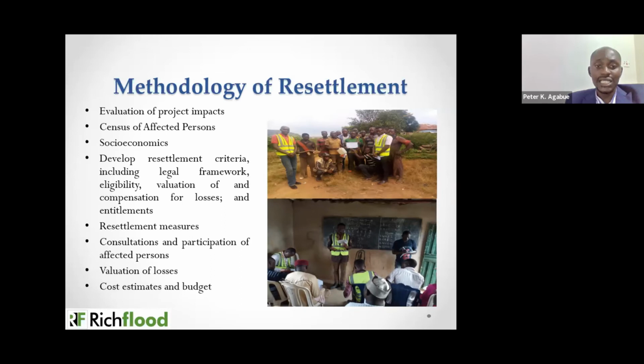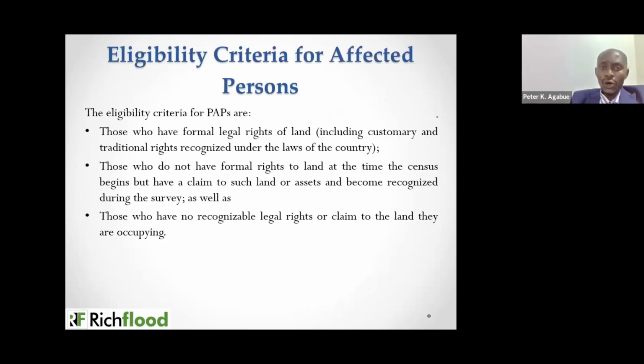And for eligibility criteria of the project affected persons, those who have legal rights to land, are probably those that have the customary rights and the traditional rights that are recognized under the laws of the country.